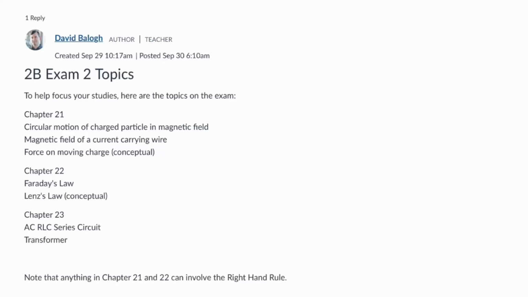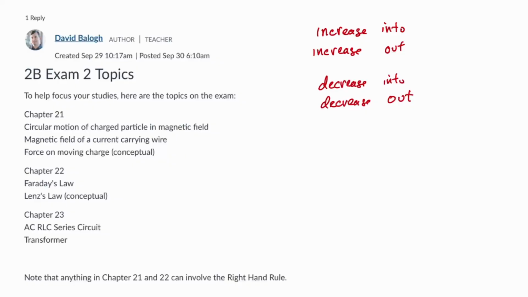There's really 4 possibilities for how flux is going to change through any loop, right? It can increase, and then I'm going to use the word into. It can increase out, or it can decrease in either of those directions, right? We can change into or out of.